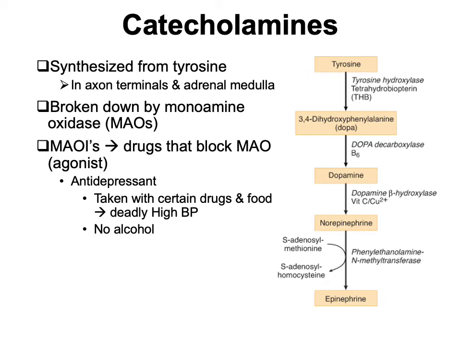However, they're pretty deadly if taken with the wrong kinds of food, and it was actually very difficult to manage their patients' diet. If it's taken with the wrong drugs or food, it can cause deadly high blood pressure, particularly if taken with alcohol. So they're not prescribed as much as they used to be, but they're still around.